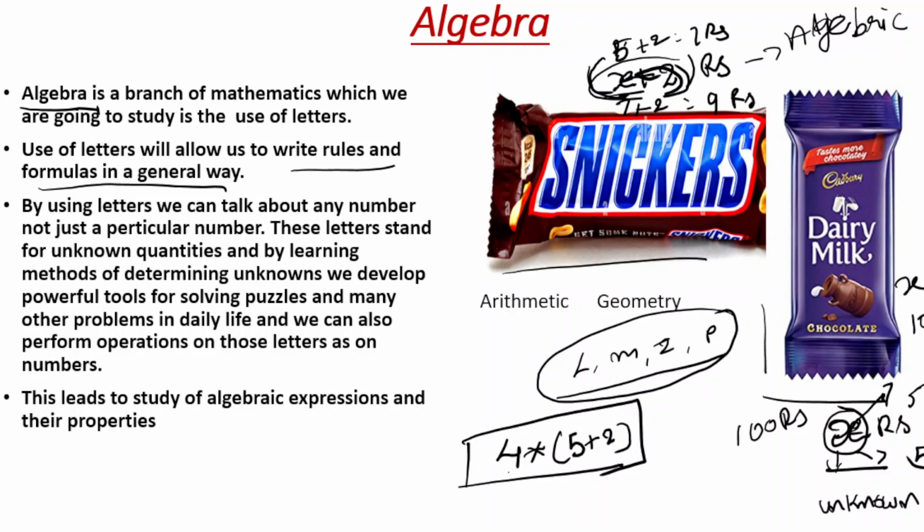So this x plus 2 is an algebraic expression where x is the variable. This x can take any number, not just a particular number, and this x is an unknown quantity. So from this we can say that algebra is all about assuming the unknown quantities as letters and learning the methods to determine the unknown quantities.